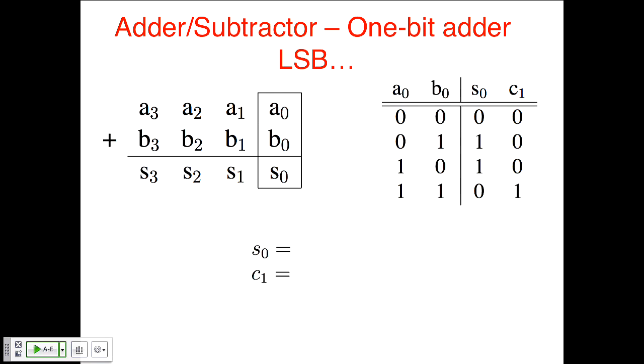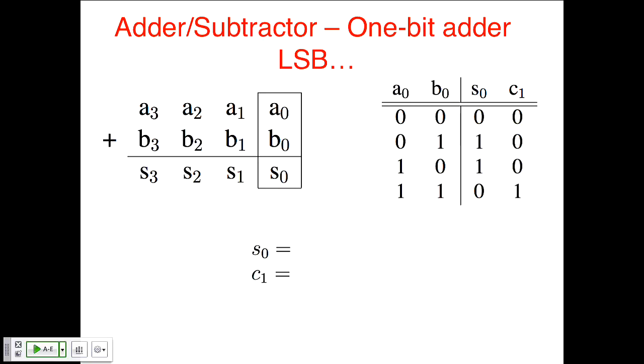So in the case of an adder, instead of worrying about 32 bits at a time, we're just going to look at 1 bit of the adder at a time. So what does 1 bit of the adder have to do? In particular, we're going to start with the easiest bit, which is the least significant bit. I have 2 numbers here. These are 2 4-bit numbers, A0 through A3, B0 through B3, and I want to produce the sum, S0 to S3.